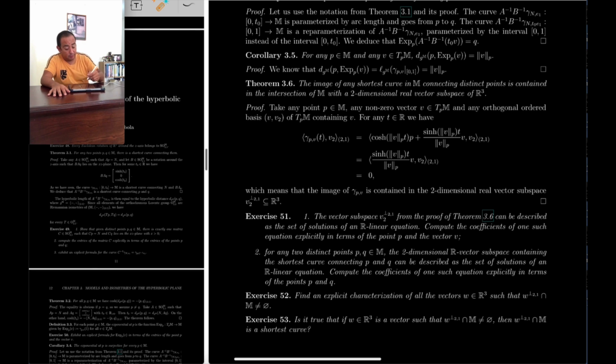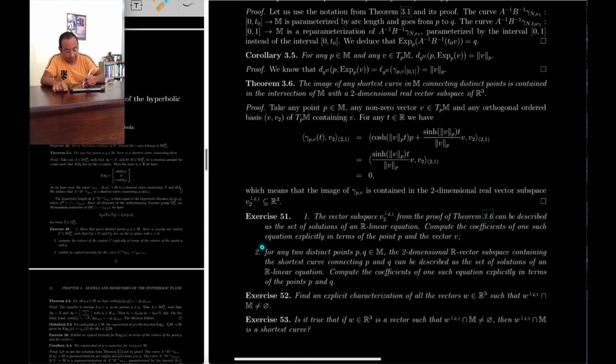Then the next item is, a shortest curve can be given as gamma of PV, kind of like a differential equation shape, but also, if you give me two different points P and Q, these two different points, as we have seen, determine a shortest curve.